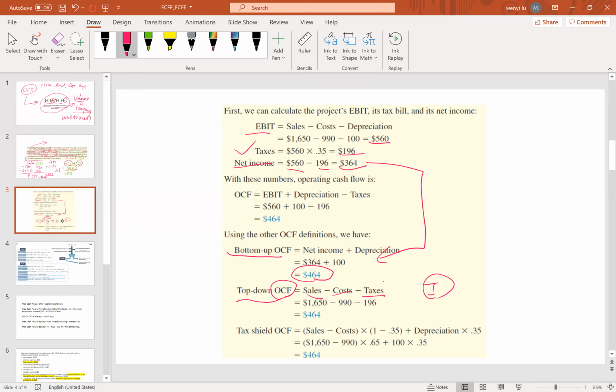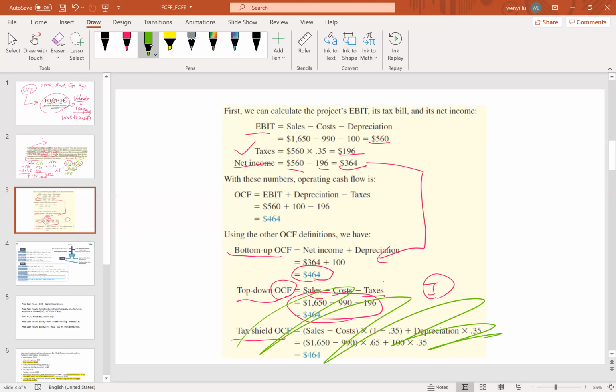The firm should not take the interest expense out; it still belongs to the debt holder. Also, depreciation is a non-cash charge, so it is also not included. We also have the tax shield approach to operating cash flow, but you can ignore these two calculations.